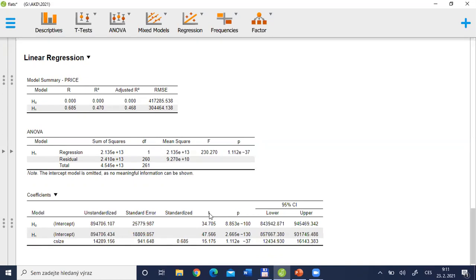So here is the t-value, and this t-test is based on the following logic. You would test whether this variable, the size of the flat, is influencing the prices of the flats. So the null hypothesis will inform you there is no relationship between sizes and prices, once again, for the whole population.